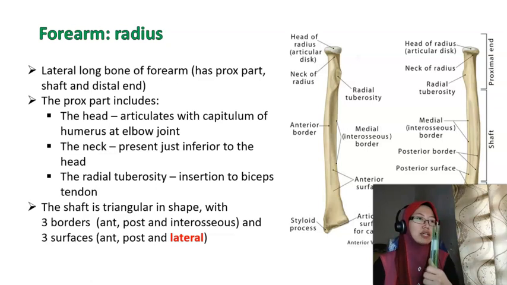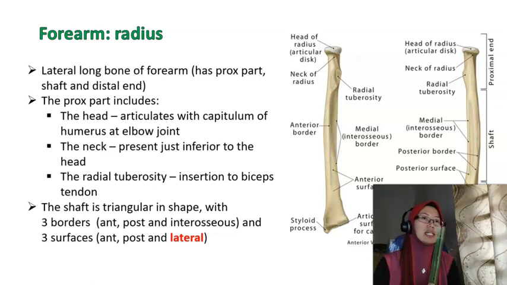The shaft of the radius is triangular in shape, and it has 3 borders and 3 surfaces. You have to remember this is the lateral bone. It has the anterior border, posterior border, and interosseous border.